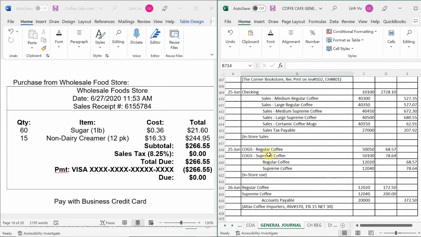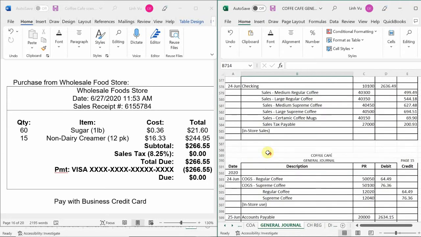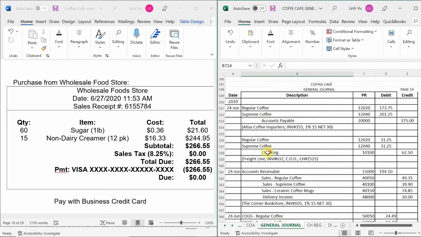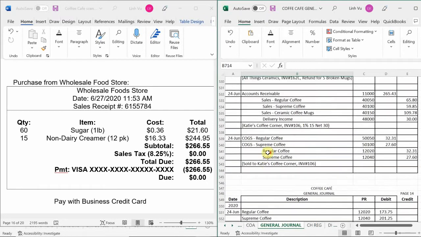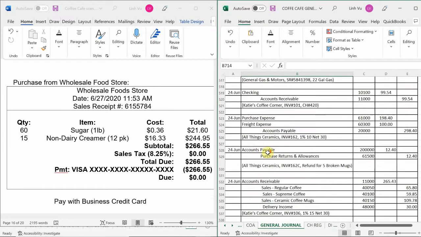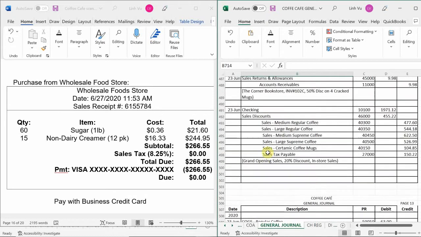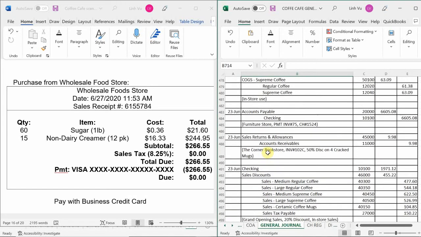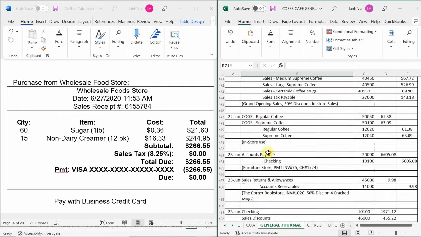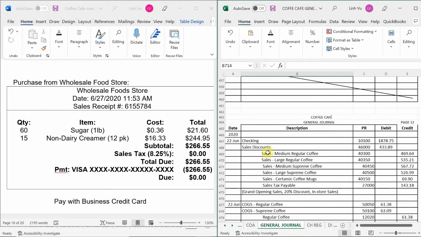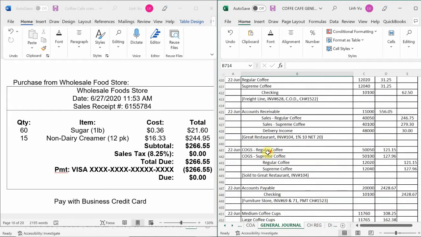It's been a while since we bought sugar and creamer. We might be better off just typing them in. Creamer and sugar. Sugar and creamer. I think the last time we bought it was before we opened the store.